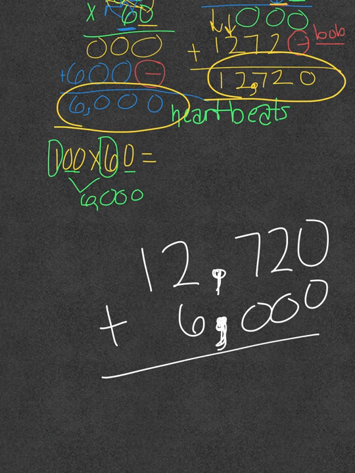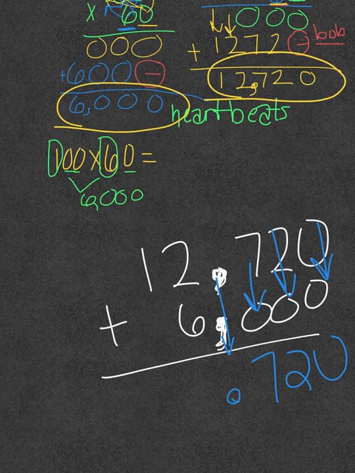My commas are getting more and more terrible. I apologize for that. And I just add straight down. Easy. 0 plus 0. 2 plus 0. 7 plus 0. Bring down my decimal. 6 plus 2. And just bring the 1 down.